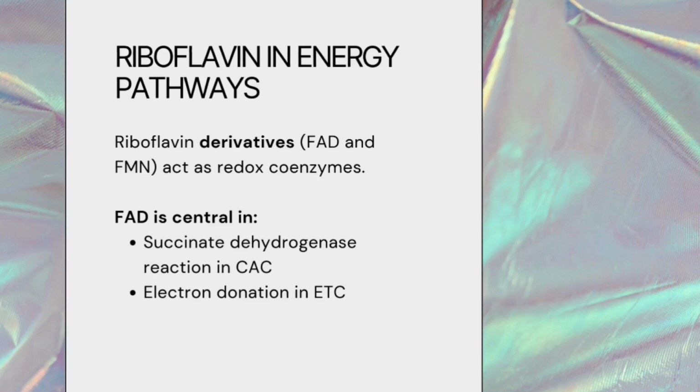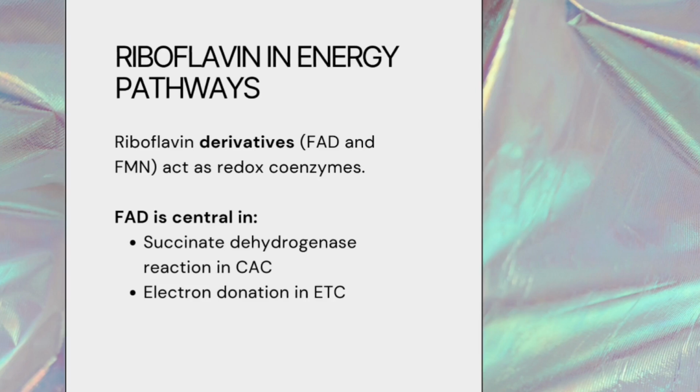FAD is central in the succinate dehydrogenase reaction in the citric acid cycle, or CAC. FAD is directly involved in the succinate dehydrogenase enzyme, which catalyzes the conversion of succinate to fumarate in the citric acid cycle, or the Krebs cycle.